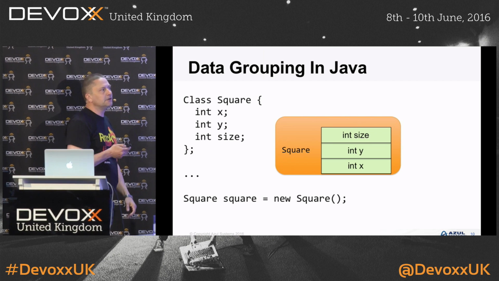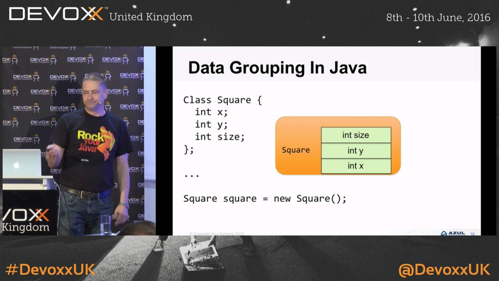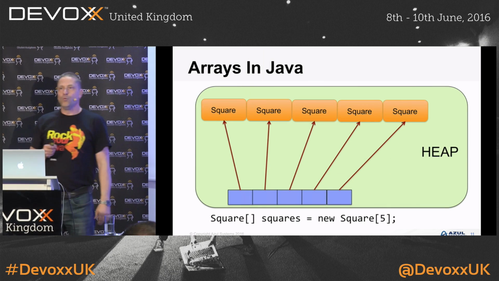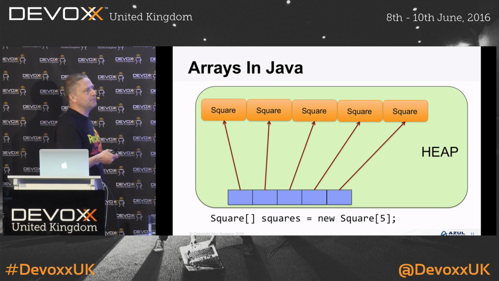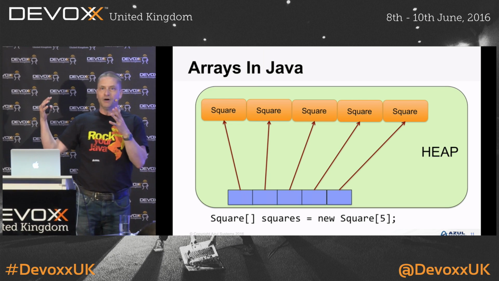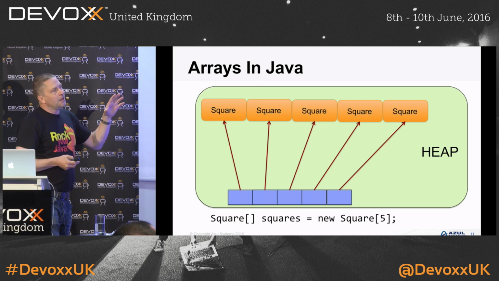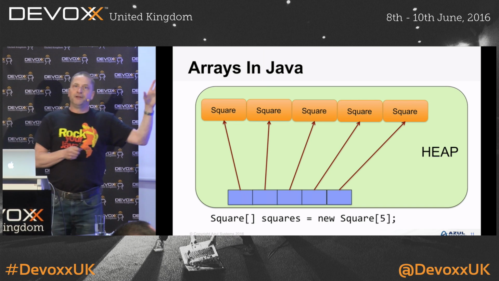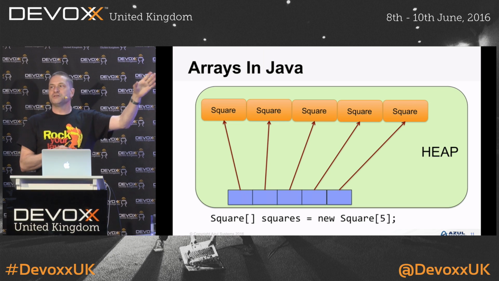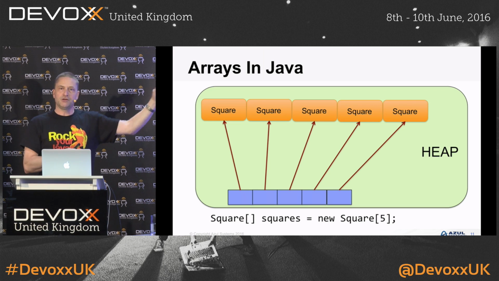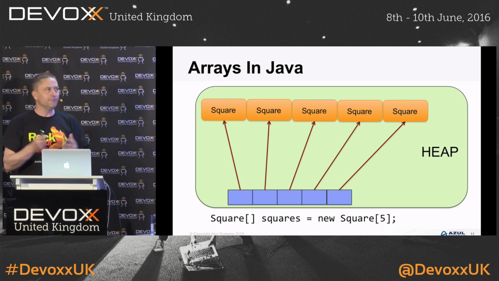What happens when we start creating an array of these things? Well, we're dealing with the heap. So objects are allocated in the heap rather than being allocated by doing a malloc. If we do that, what's going to happen is, if we're very lucky, we will get all of those squares allocated sequentially in memory, so they'll be contiguous in memory.